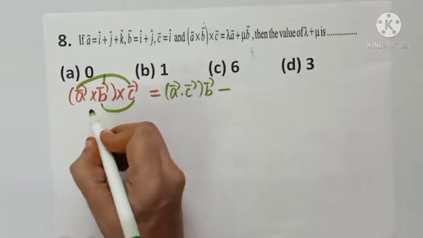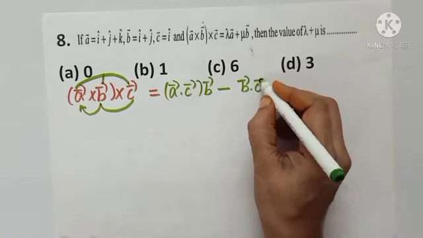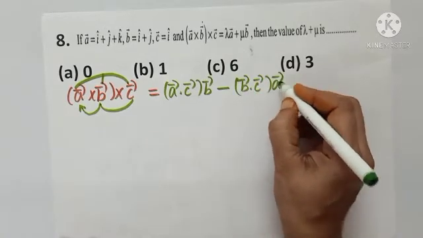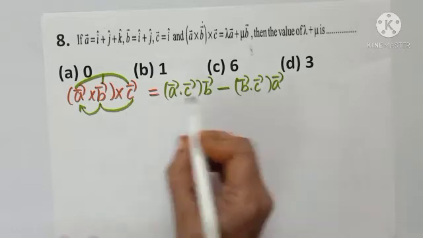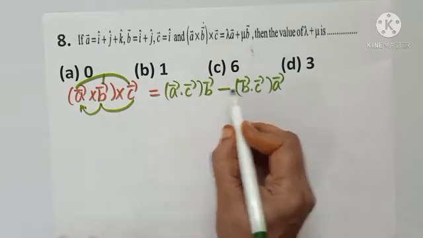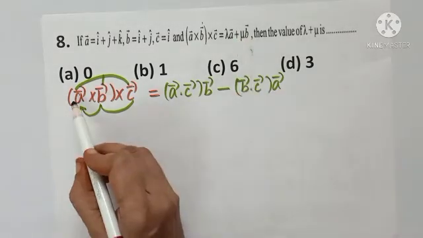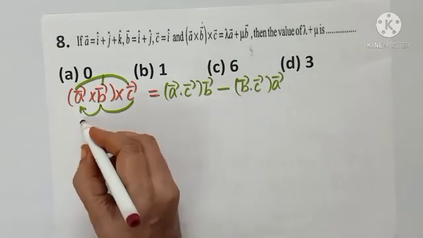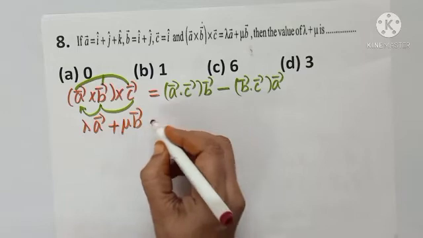B dot C into A. Remember, outside vector will come inside. Inside vectors will come outside. As I compare with the given question, A cross B cross C, they have given lambda A vector plus mu B vector.